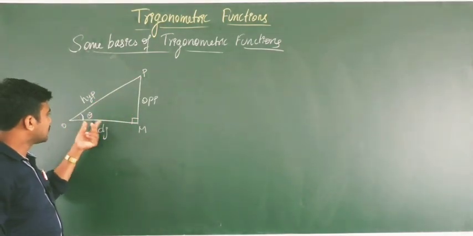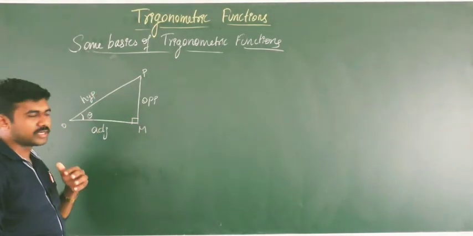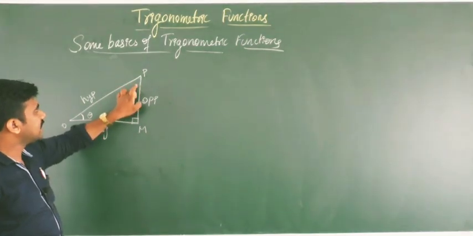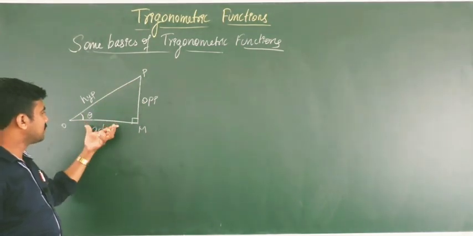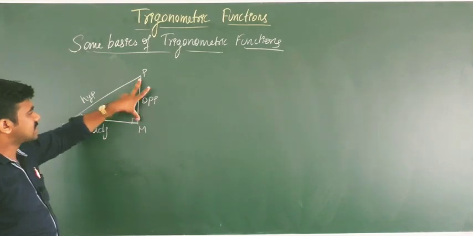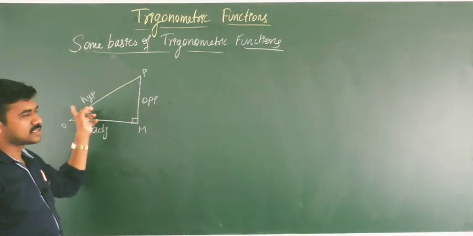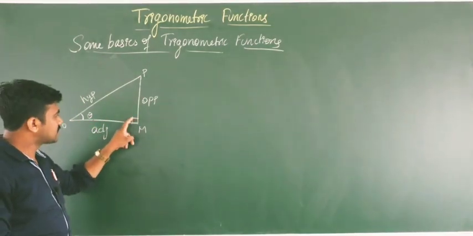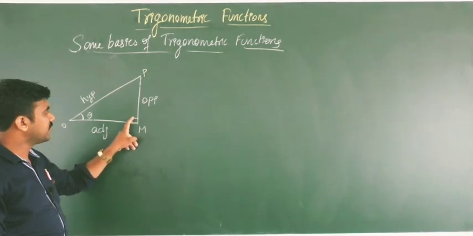With respect to angle theta, this is the opposite side, this is the adjacent side, and this is the hypotenuse. But if you consider the angle at P, then the opposite side becomes OM and the adjacent side becomes PM. This is the hypotenuse. Always remember, the hypotenuse is the side opposite your right angle.